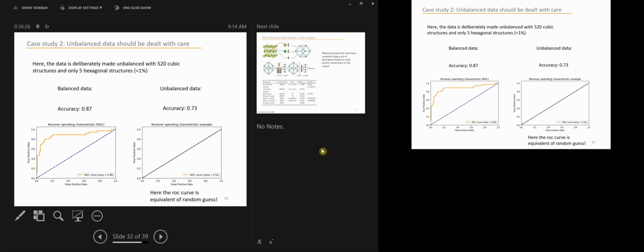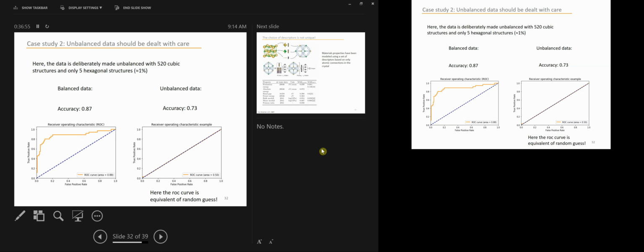But looking at the ROC curves, one could see that for the unbalanced data, the ROC curve is almost entirely on the guess line. So this means that our classifier doesn't have any power of distinguishing between cubic structures and hexagonal structures. And the reason that we have a reasonably high accuracy is because our test set is also part of our training set, which was already unbalanced and contained mostly cubic structures.